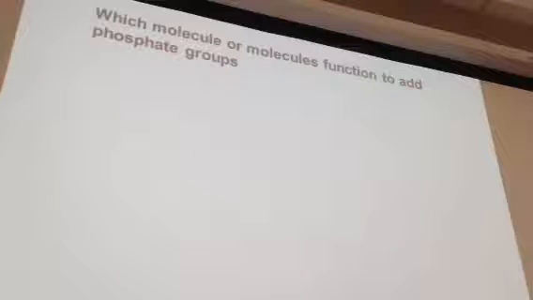Protein kinase A, protein kinase C, one more. Well, the enzyme phosphorylase in that movie, yes. But I'm thinking of another one. What was our last pathway? The receptor itself. Remember, it functions as a protein kinase. So even though it's not called protein kinase, it still functions to add phosphate groups.